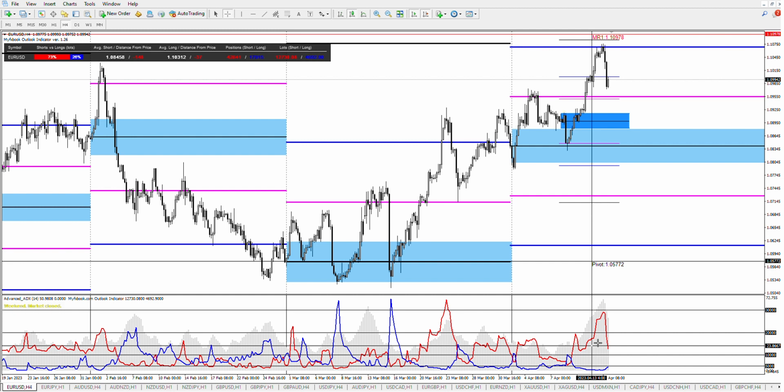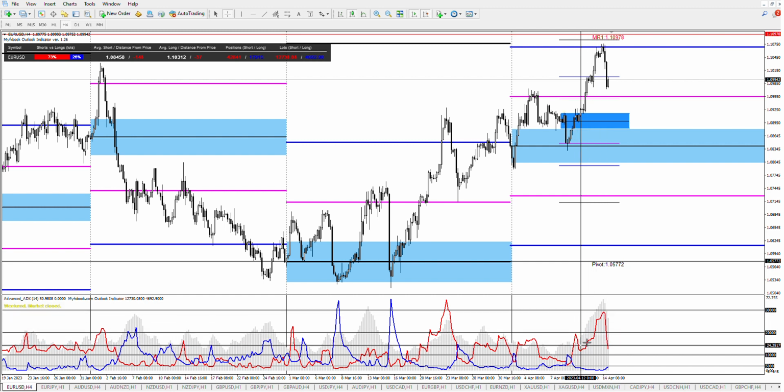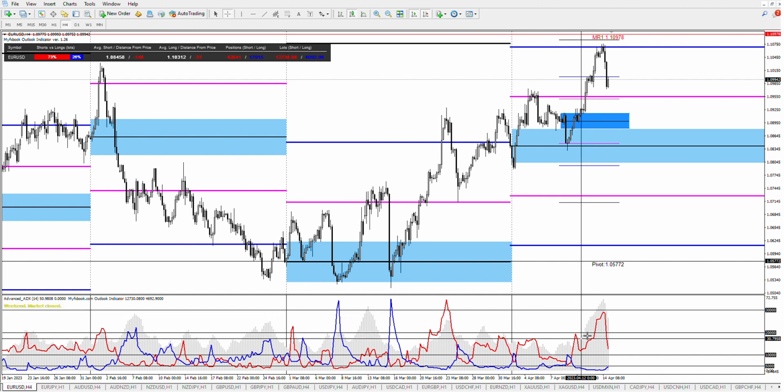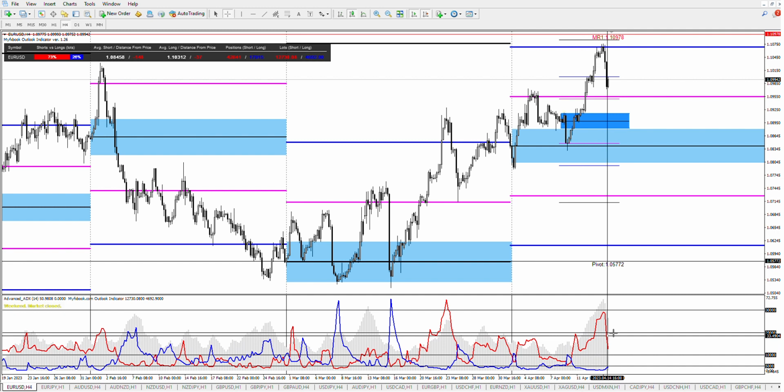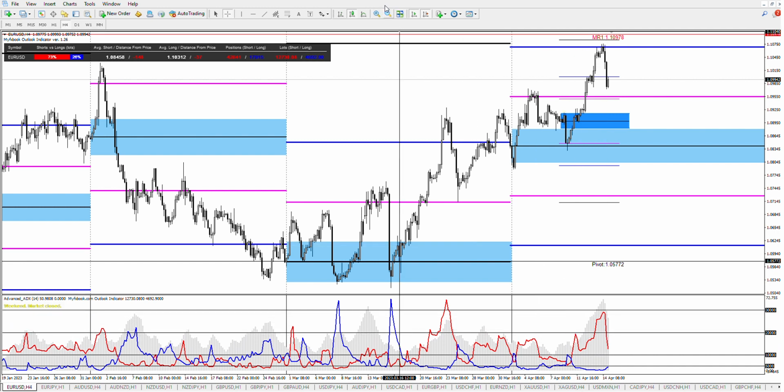On Myfxbook, I look at all the systems. It's all algo trading, and they are all going against the price, doing the opposite of what the price is doing. We call these retailers, small speculators, but to a great extent, those are algo traders. We are trading against the algos, dumb algos. Let's say so.